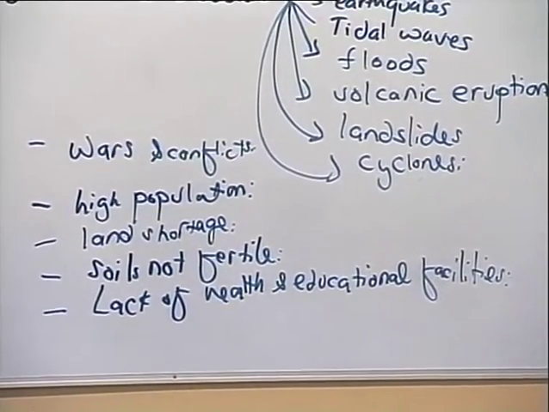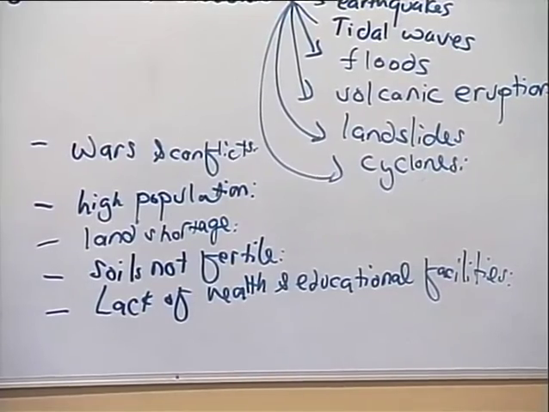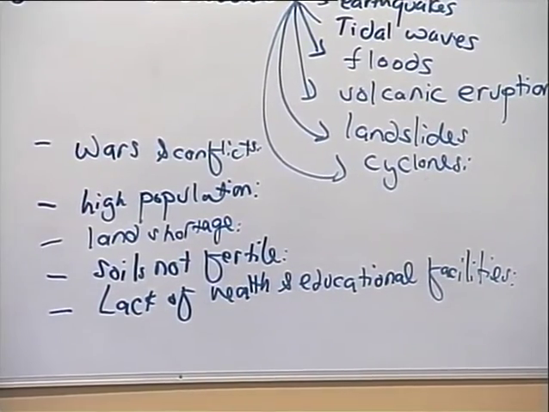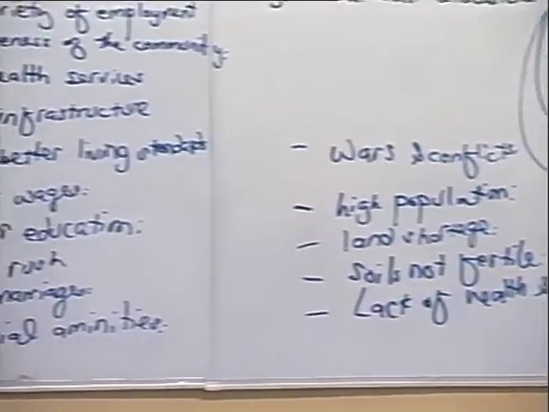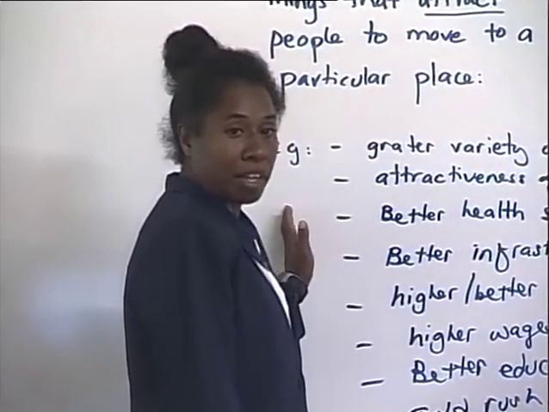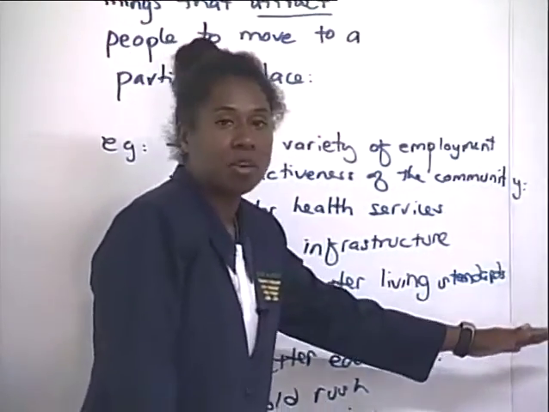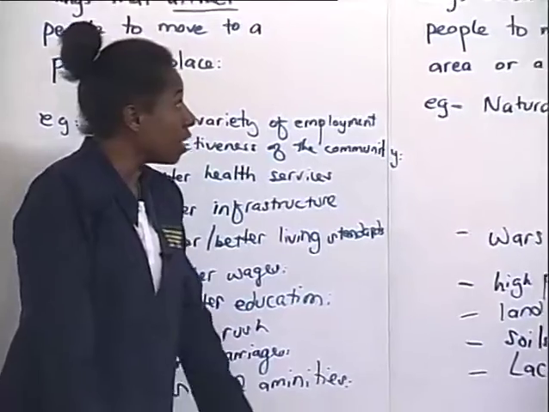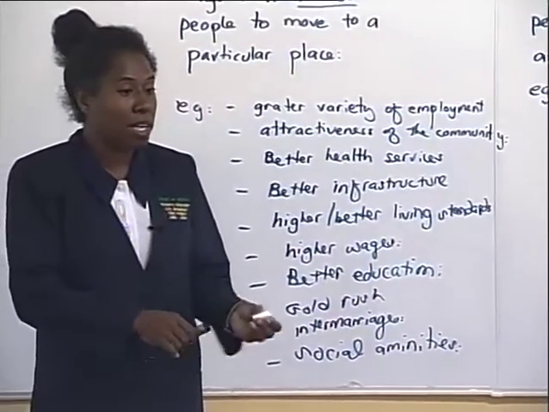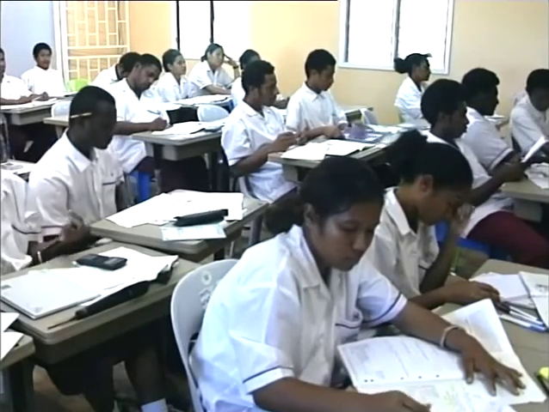Where there are no proper health and educational facilities in a particular area, people might be forced to migrate or move out. So if we look at some of the things mentioned on the pull factors and look at the opposite of them, then we might end up with the push factors. We can double check, and whatever we have left out, we can also include on our list for the push factors. I hope you have also made note of those, and from the discussions, I hope you are able to work out now the difference between pull factors and push factors.